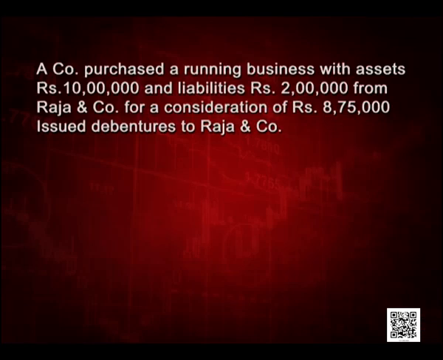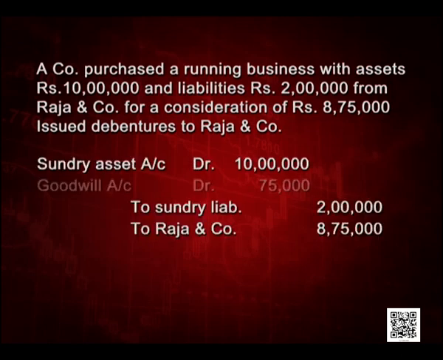A company purchased a running business with assets of 10 lakh and liabilities of 2 lakh from Raja and Company for a consideration of 8,75,000 and issued debentures to Raja and Company. The first entry will be sundry asset debit 10 lakh, to sundry liabilities 2 lakh and to Raja and Company 8,75,000.